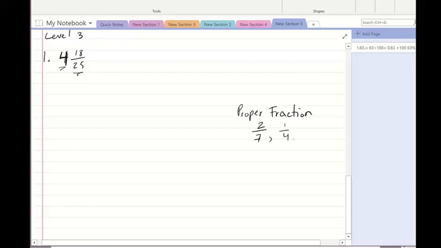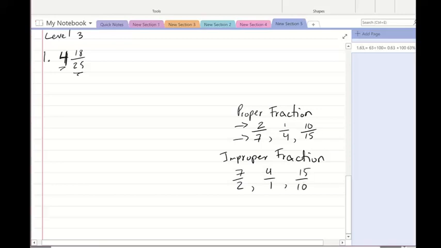Or 1/4, or 10 out of 15, right? So these are all proper fractions. An improper fraction is when the numerator, which is the top number, is greater than the denominator, which is the bottom number, right? So let's say 7 out of 2, right? Or 4 out of 1, or 15 out of 10, right? We're using the same numbers, I just flipped them around to show you, right?